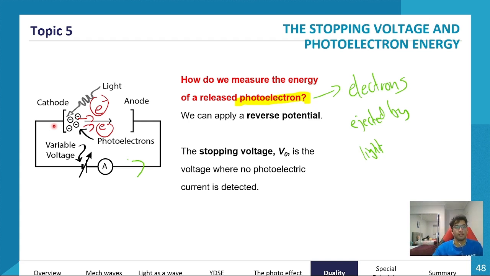If there's no current, that means the reverse potential is the same as the forward potential, so there's no current being formed, because the electrons are being balanced out by the opposite force of the voltage. And so this is called the stopping voltage. Essentially, how much voltage do we need so that there is no current being formed?